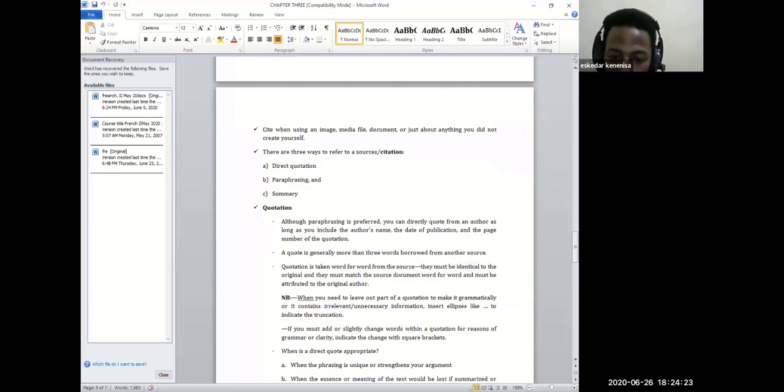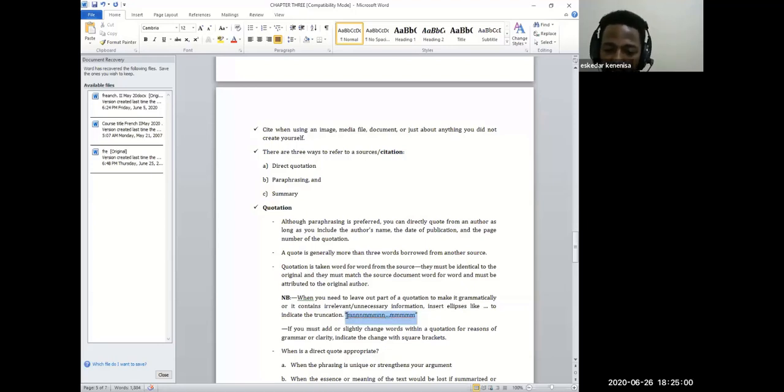The quotation mark, somebody's ideas, blah blah blah, then you make an ellipsis: three dots. Then you continue the words of that person. This is a direct quotation, but the three dots indicate that you left out some words of the author.